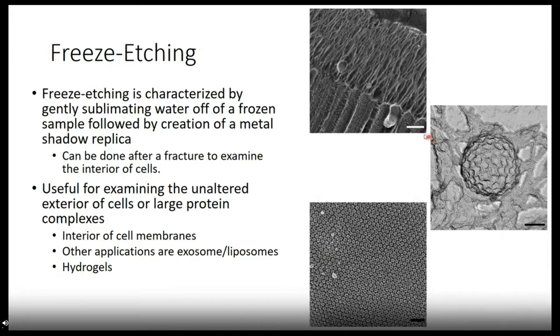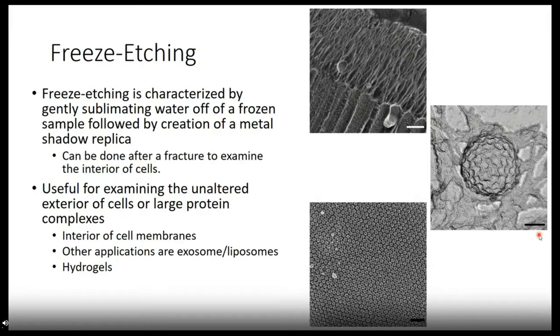So I have a couple examples here. This top image is the mouse glycocalyx on the small intestine. These are microvilli, and this is glycocalyx, which is this extensive meshwork structure that sticks out. Here we have a variant of freeze etching called cell unroofing.